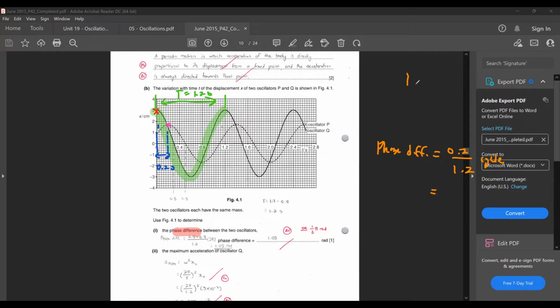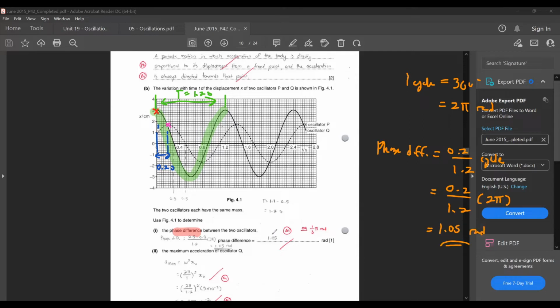But we know that one cycle is 360 degrees or 2 pi radians. So I can replace it as 0.2 over 1.2 times 2 pi, eventually giving me the answer of 1.05 radians.